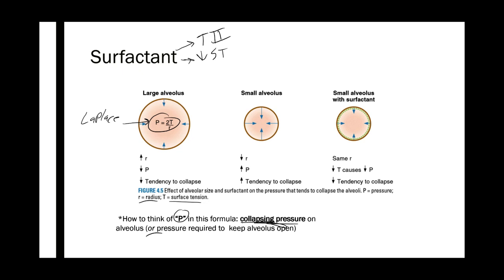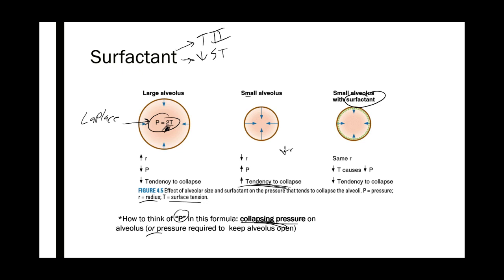So as you can imagine, with a large alveolus, we have a large radius, which means there is less collapsing pressure. So even without surfactant, a large alveolus might be okay in the sense that it is less likely to collapse. But if you have a small alveolus, it has a smaller radius, which means it's more likely to collapse, and that's where surfactant is really important, especially in the small alveolus.